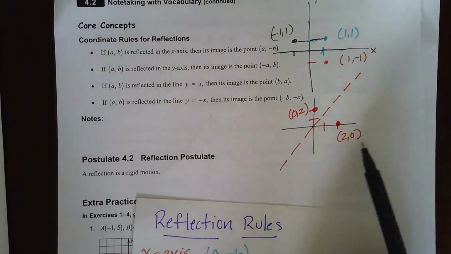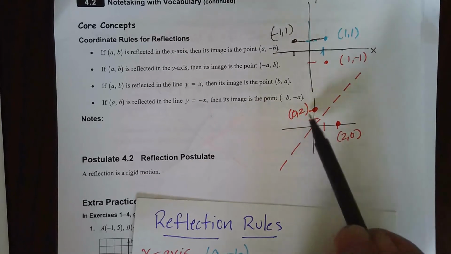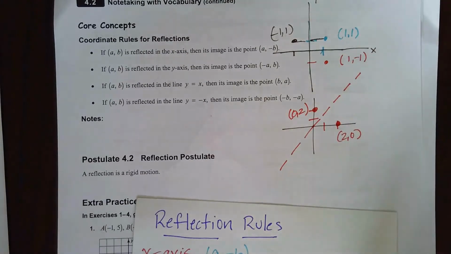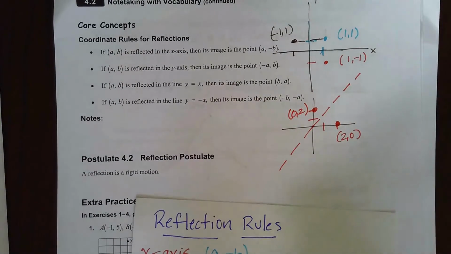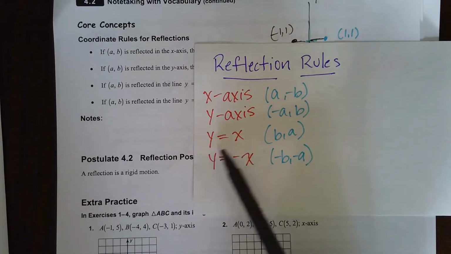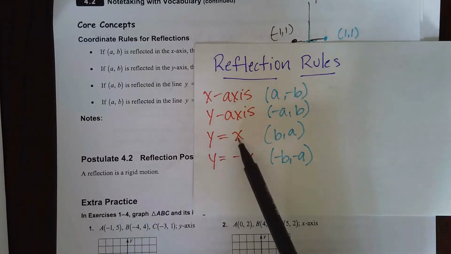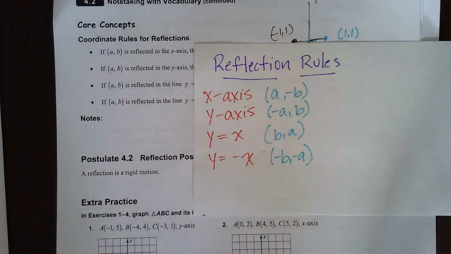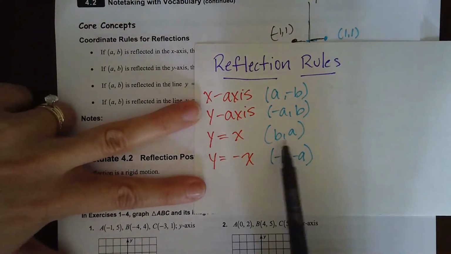So what happened to my coordinate point? What we're actually looking at here is what happens to my coordinates, my x and y. And if you notice, the only thing that really changed is that they changed spots. And that should make sense, because in this equation what we're saying is every y equals every x, and every x equals every y. So basically what you're doing is you're just changing the order.